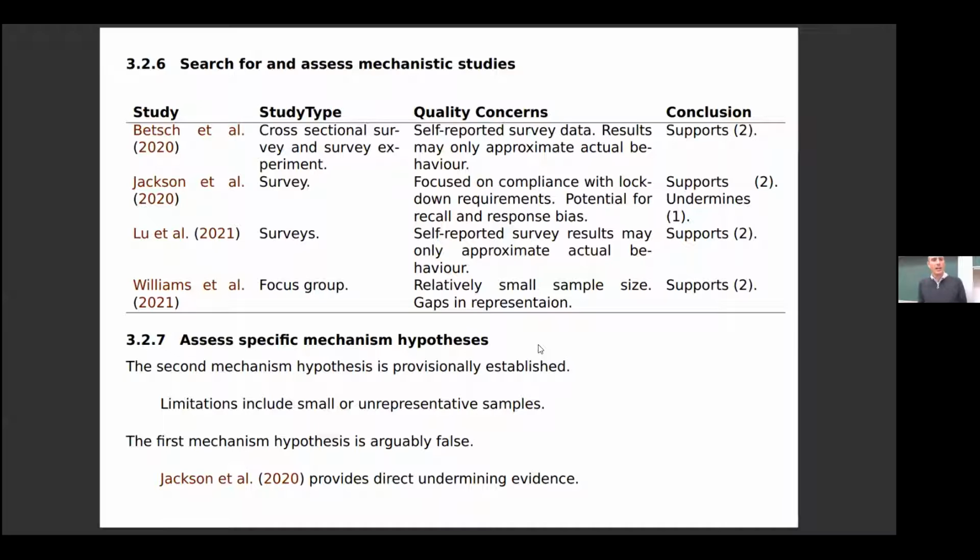We'd argue that the second mechanism hypothesis is provisionally established. We haven't gone quite so far as to say it's established, because some of the studies are small and unrepresentative. And the first mechanism hypothesis, the sanctions hypothesis, is arguably false. This is undermined by at least one study.